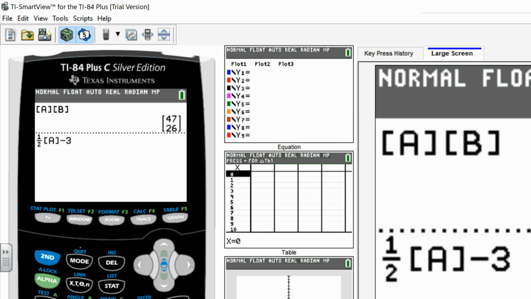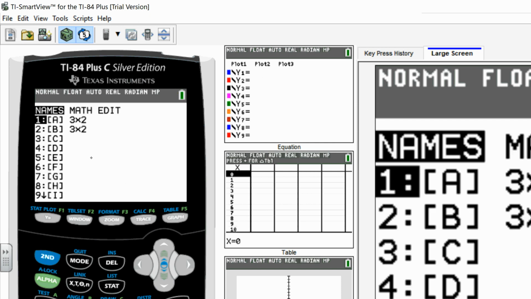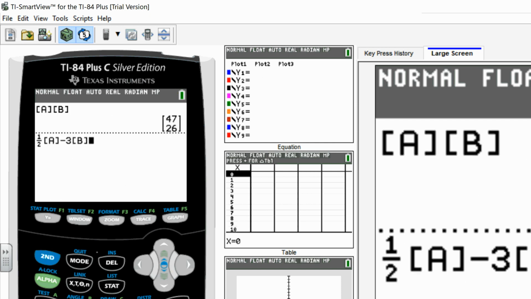Minus 3, and then second matrix B. Then we can hit enter, and it gives us the matrix. If we did it by hand, we would multiply the first one by 1/2 for all the elements inside of it, and the second one all by -3, and then add the two together.